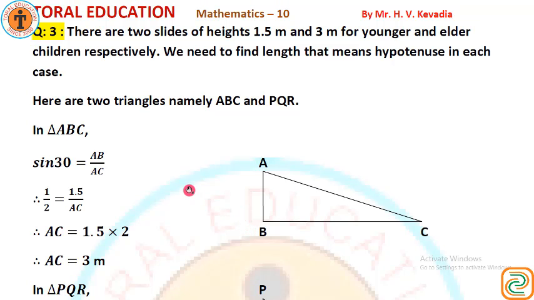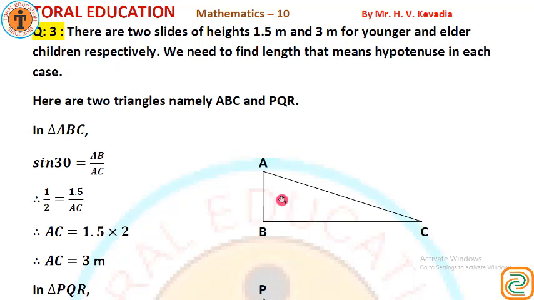Question number 3. A contractor plans to install 2 slides for children to play in a park. For the children below the age of 5 years, she prefers a slide whose top is at a height of 1.5 meter. This is short.